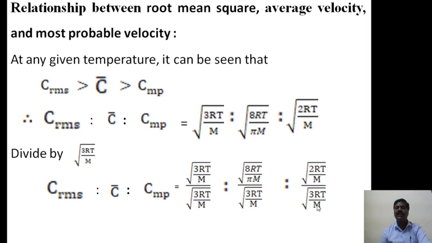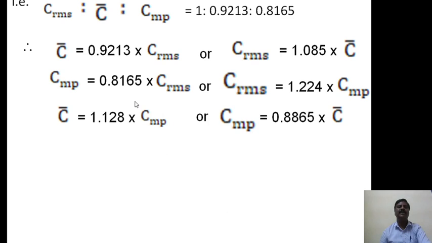Here again RT gets cancelled, M gets cancelled, therefore square root of 2 by 3 will be there. Then removing the square root, we get the values: root mean square velocity proportional to average velocity proportional to most probable velocity equal to 1 is to 0.9213 is to 0.8165. Now by using this relation we can calculate the relationship between any two velocities.